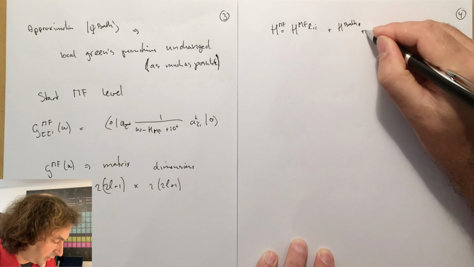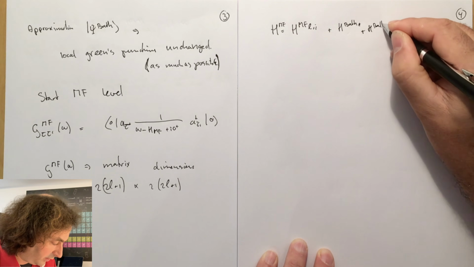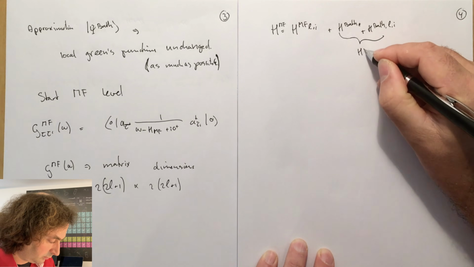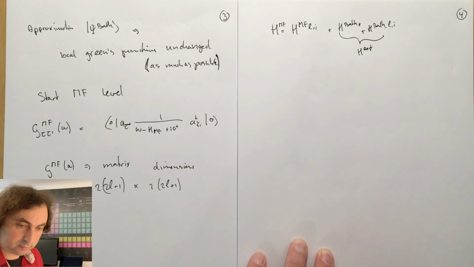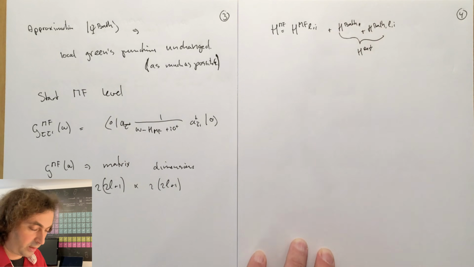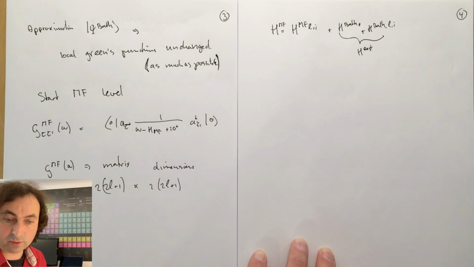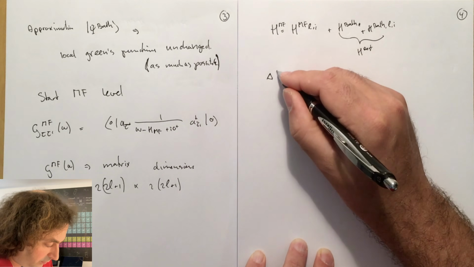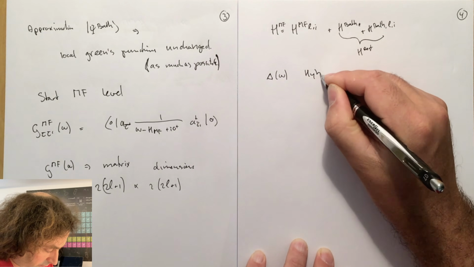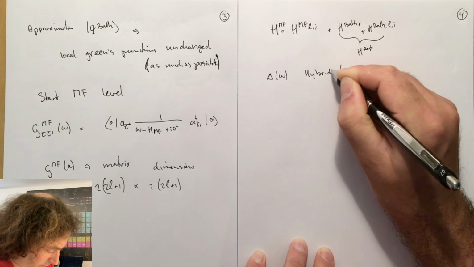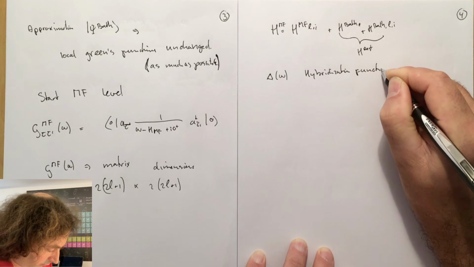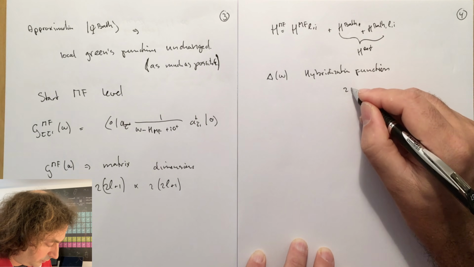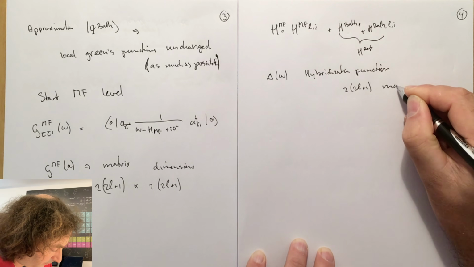So that is the bath Hamiltonian, plus H bath site L_i. Now, in order to capture what the rest is doing in terms of Green's functions, I will introduce a hybridization function, which is again a 2 times 2L plus 1 matrix.